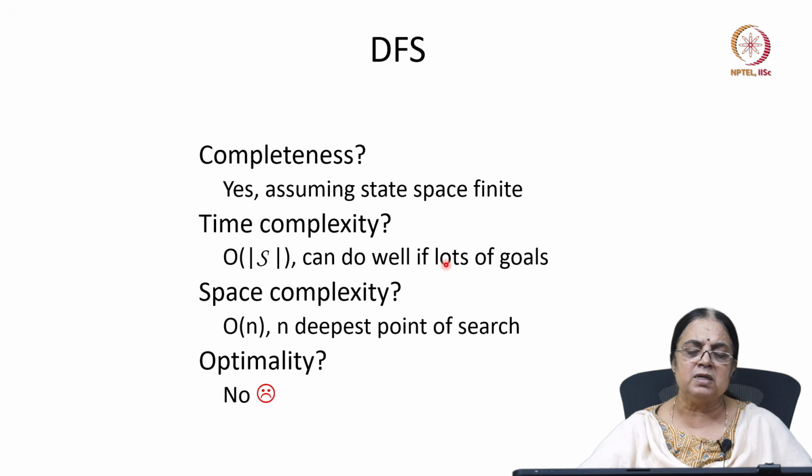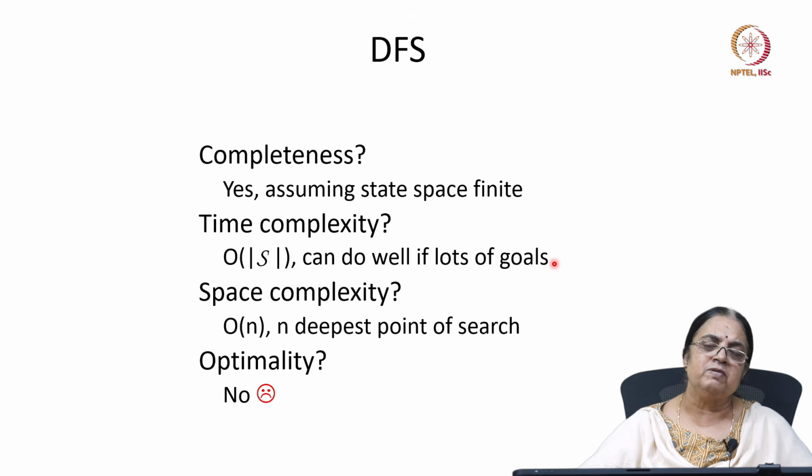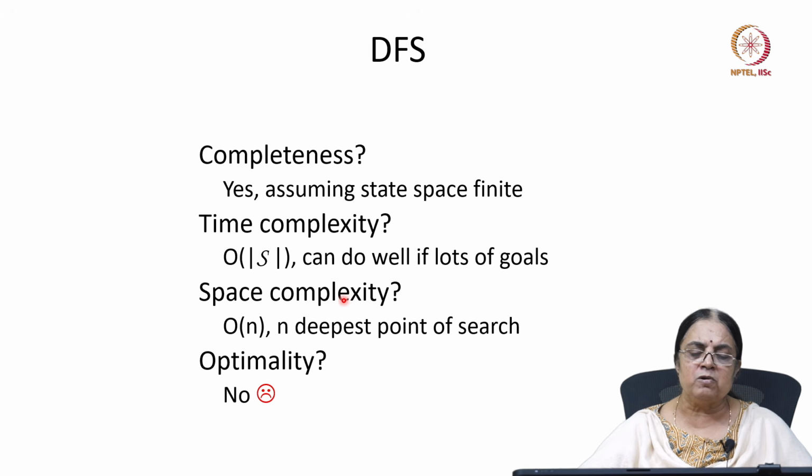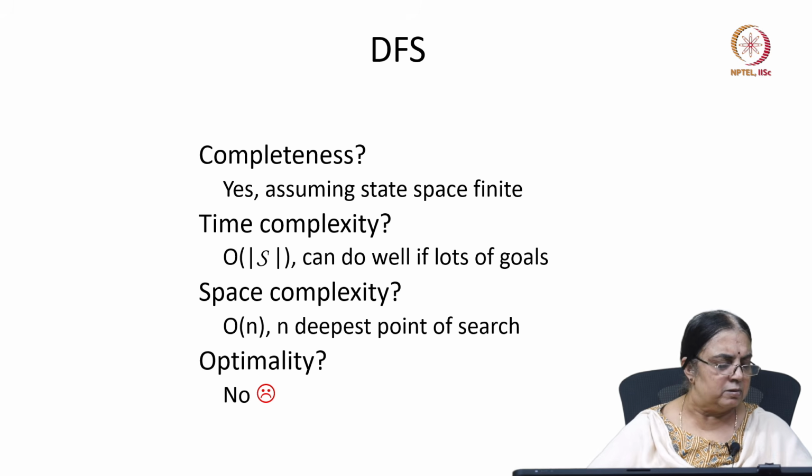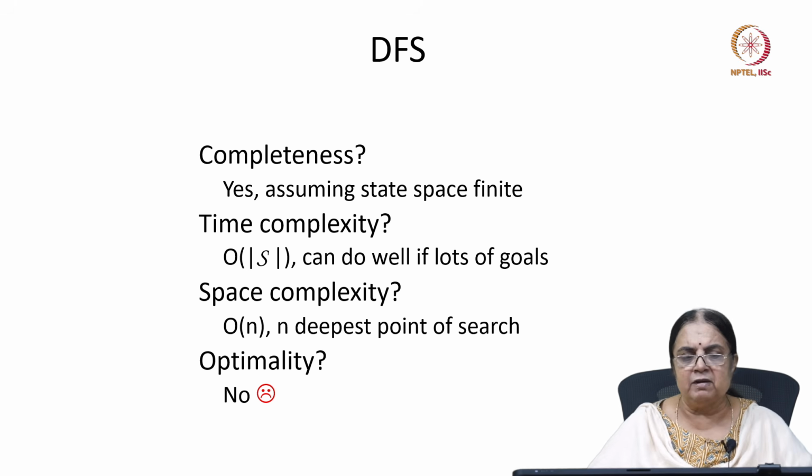Time complexity can do well if there are lots of goals. Otherwise it will be just like the breadth first search. Space complexity is order of n, where n is the deepest point of search. So space complexity is good. Optimality: no, you are not sure that you are going to get a solution at the deepest level.